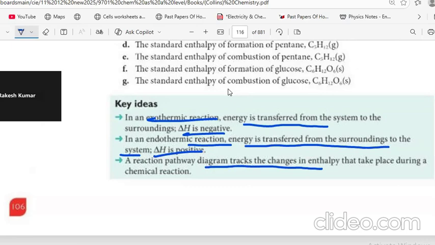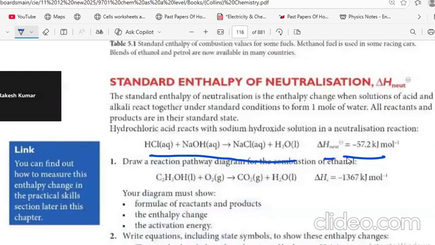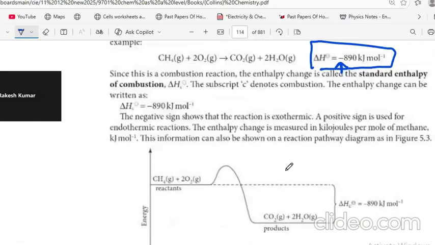The pathway diagram indicates how the reaction proceeds. There's a big hump in between that is not indicated here. The difference between the two gives you the delta H, but there is also something called the activation energy, which I will explain. So this is the totality of it.